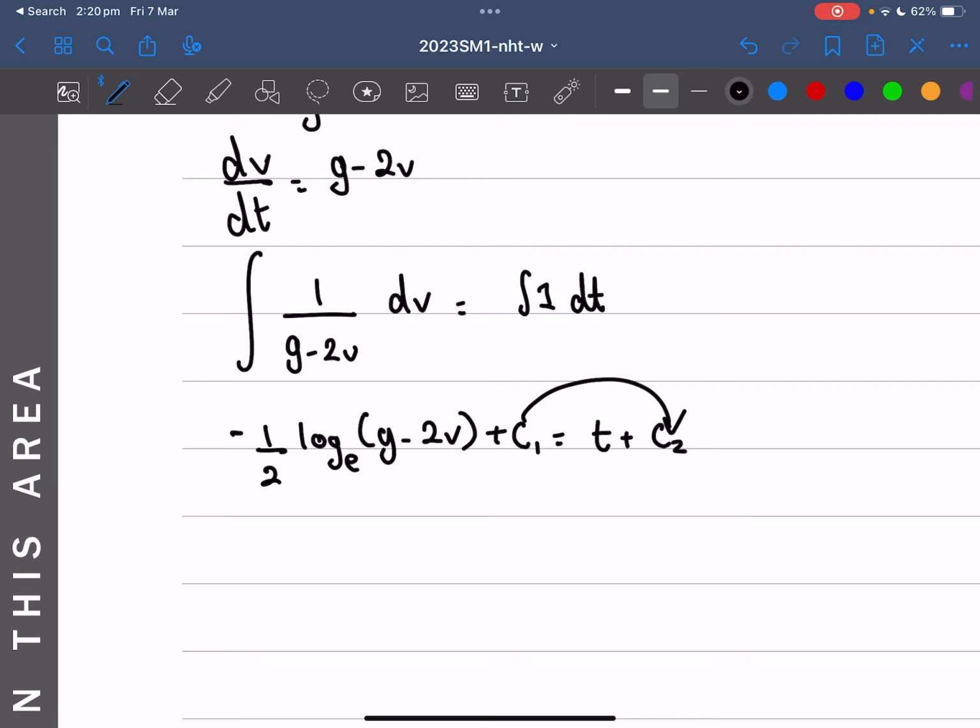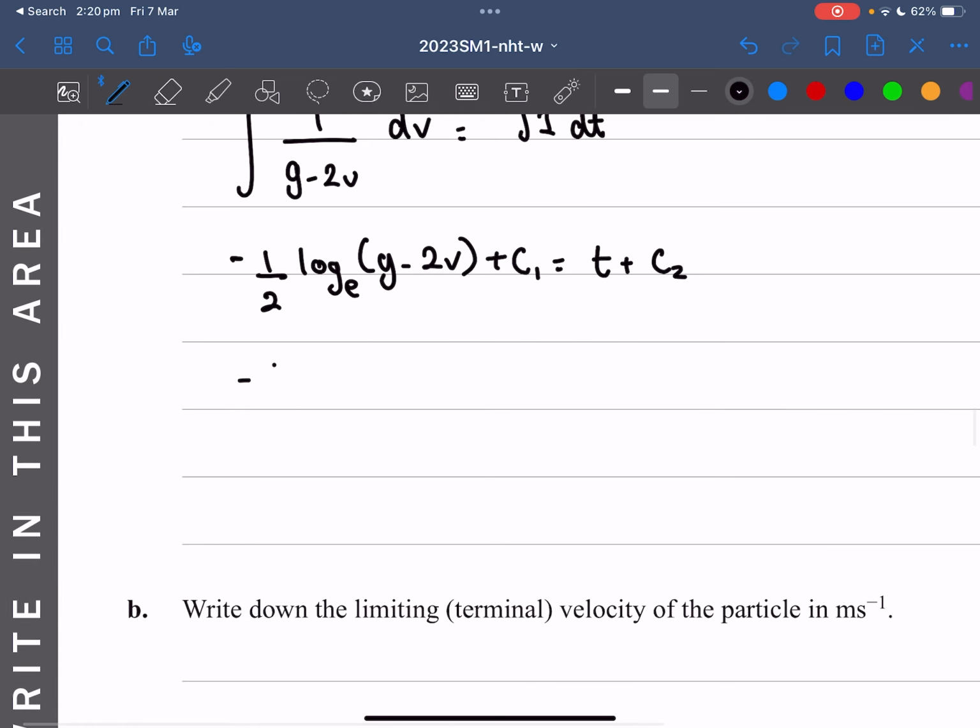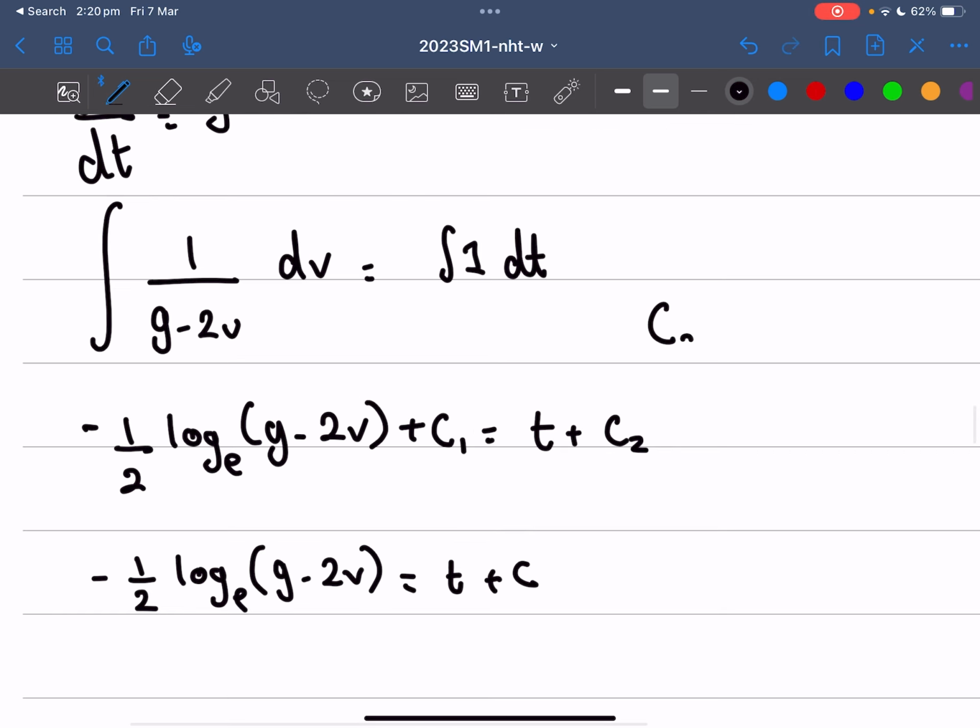Now moving this constant to the other side, so minus 1 on 2 log base e of g minus 2v equals t plus c. This time I'm not going to write c1, c2, because c2 take away c1 is a constant itself. So I'm just going to say that. Okay.